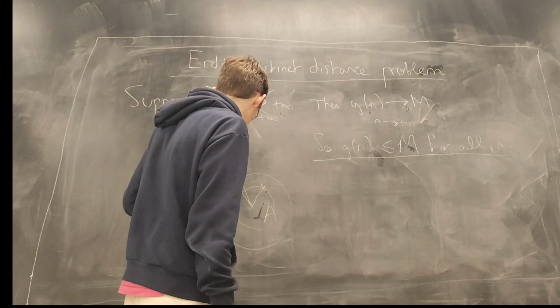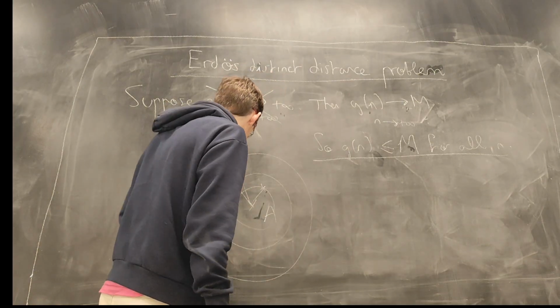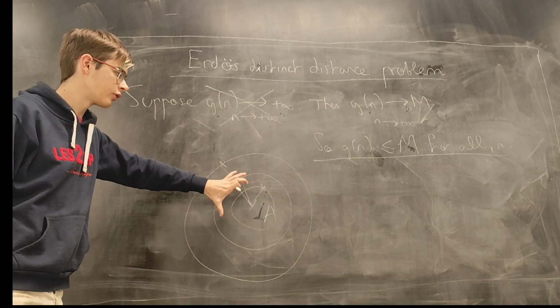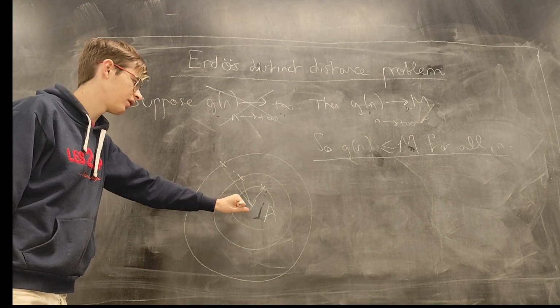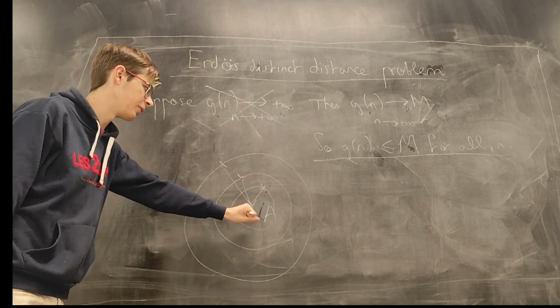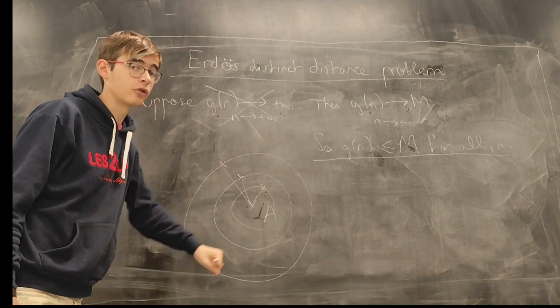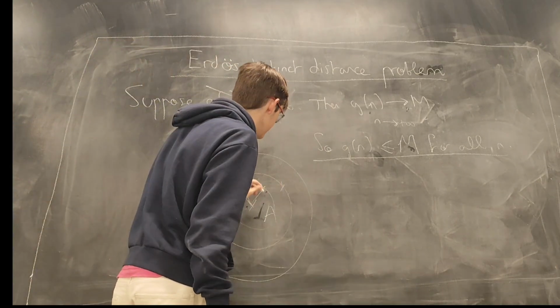So I'm going to get something like this. Now suppose that these are all of the distinct circles, basically all of the distinct distances between A and other points. That means that all the points that I haven't drawn yet must lie on one of these circles.